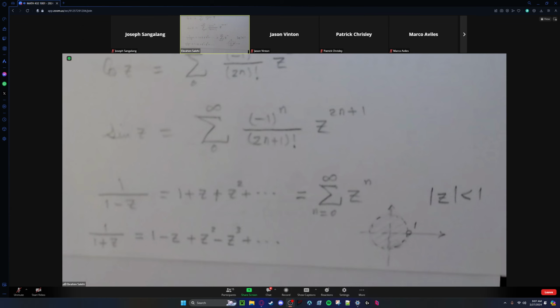So this is the shortcut for finding the power series representation of this function. I already know this. Just replace z by negative z. That's what you get.